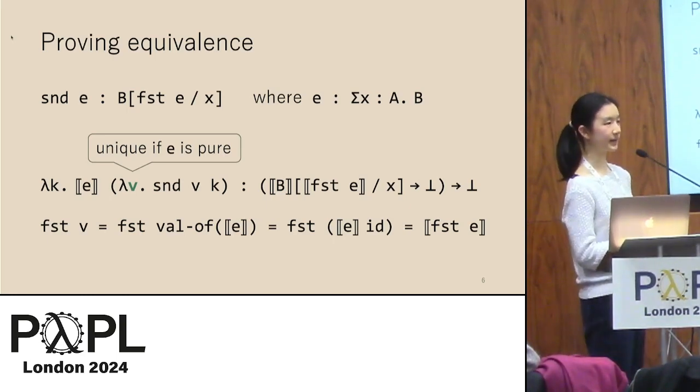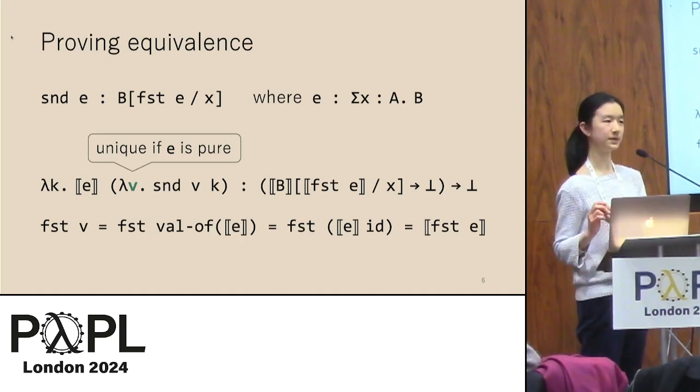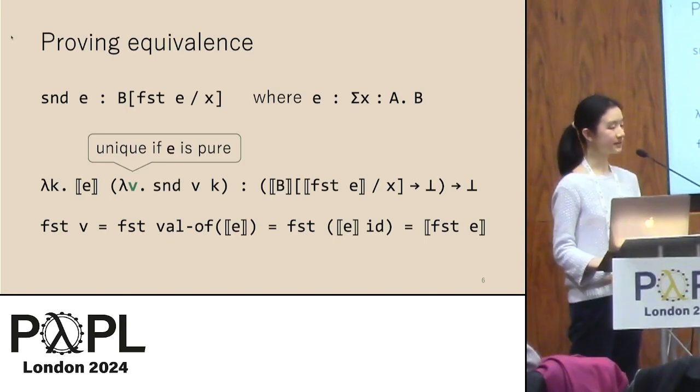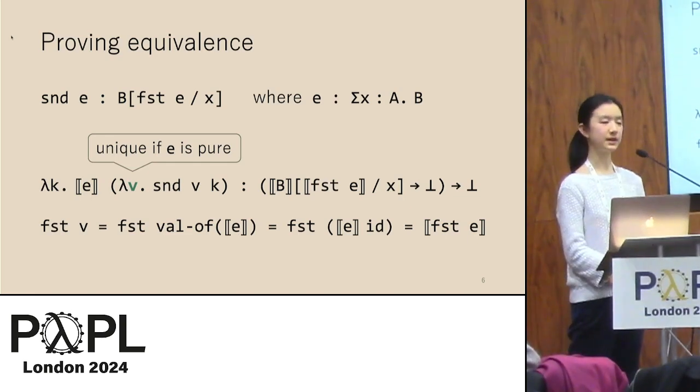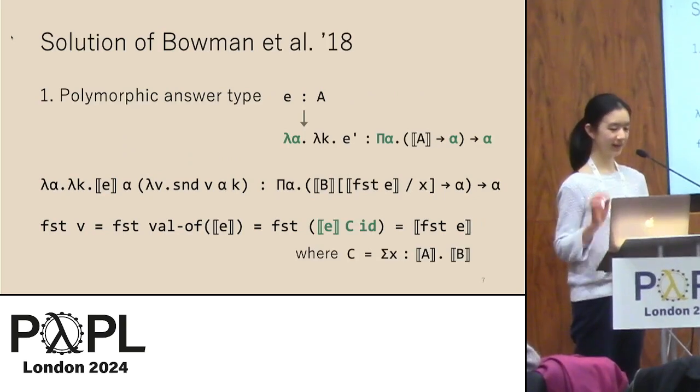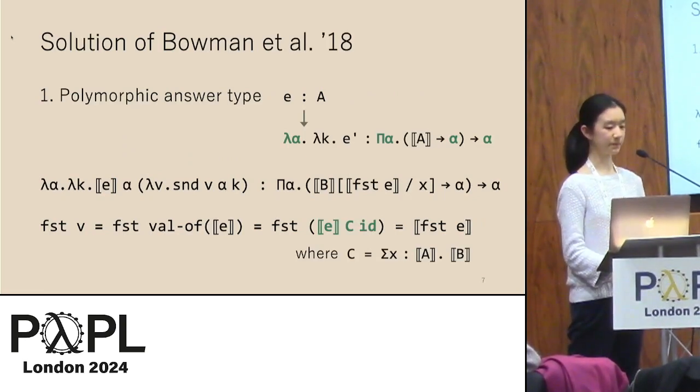Using this fact, we can show that first of V is equivalent to the translation of first of E. Now the question is, how can we formalize this intuition so that we can use it in the type preservation proof?